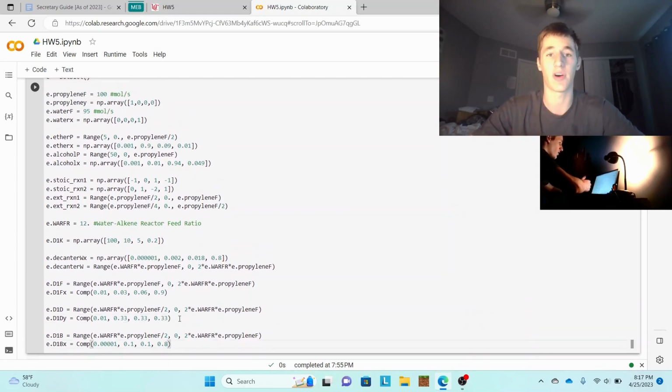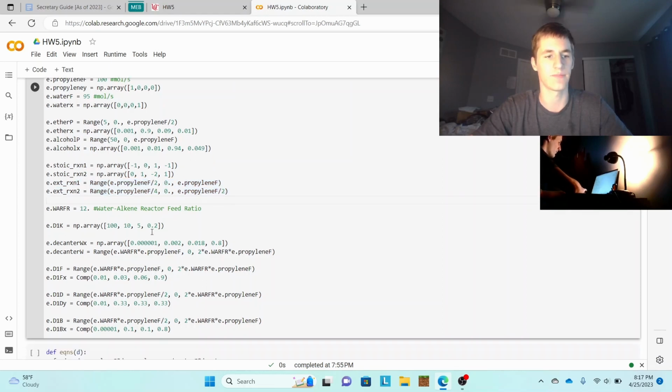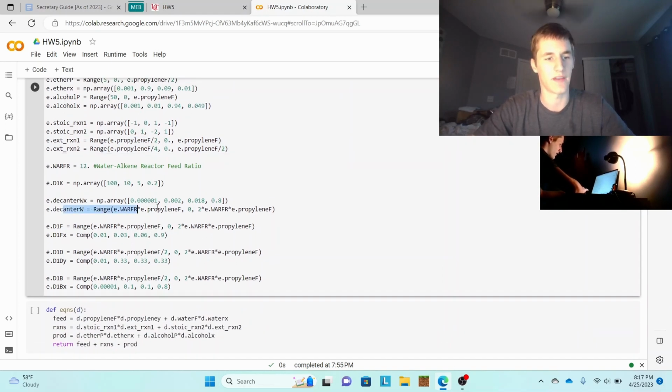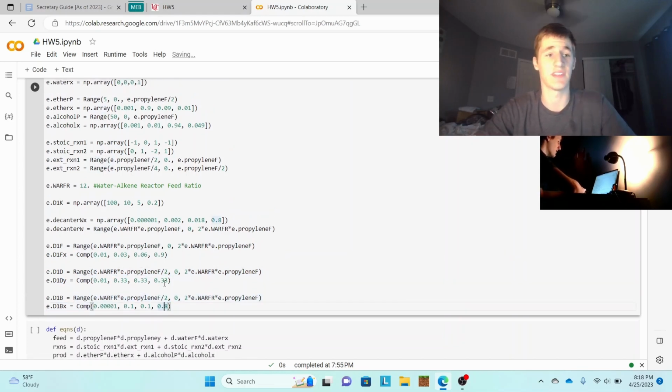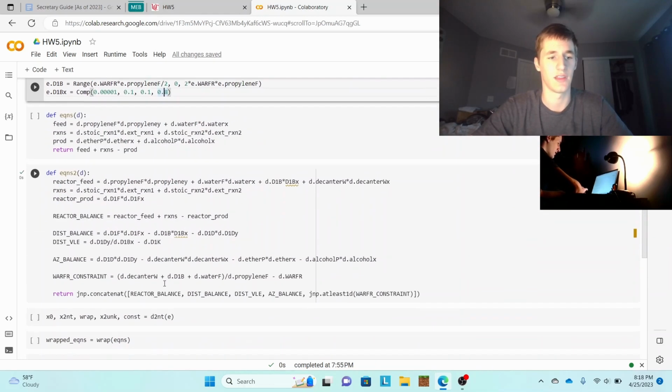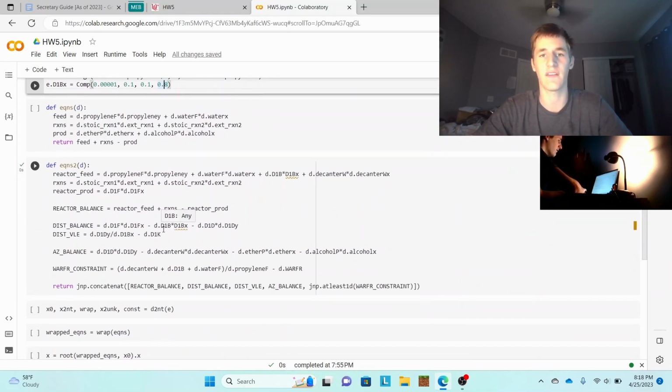And now if we count up our unknowns, right, we have 4 unknowns from earlier, our 2 products and our extent of reaction. And then we have 1 more for our decanter water flow. That's 5 plus 4 plus 4 plus 4. And that gives us 17 unknowns, which is the same number of equations we have.